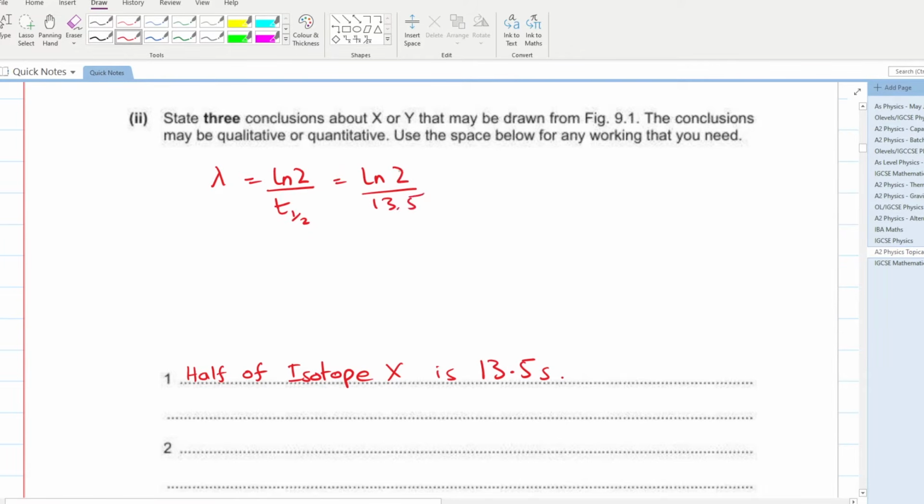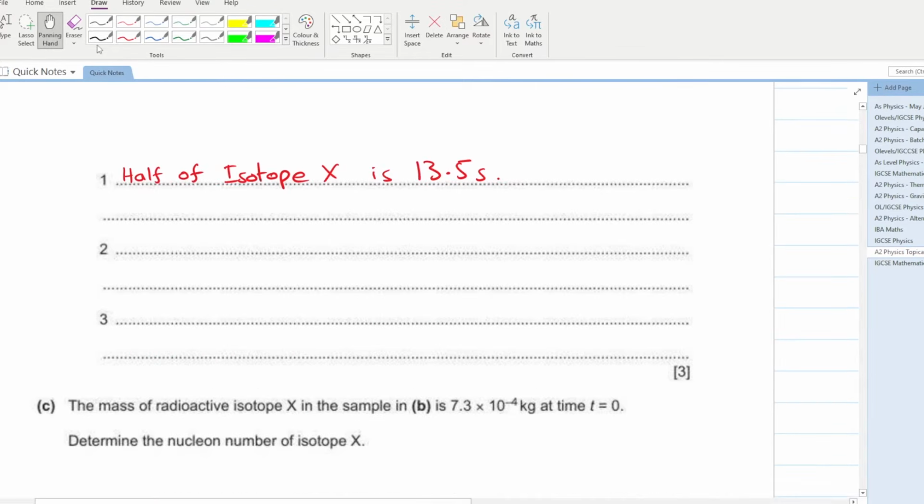Let's calculate that. ln2 divided by 13.5 comes out to be 0.051 second minus 1. So your decay constant lambda is equal to 0.051 second minus 1.